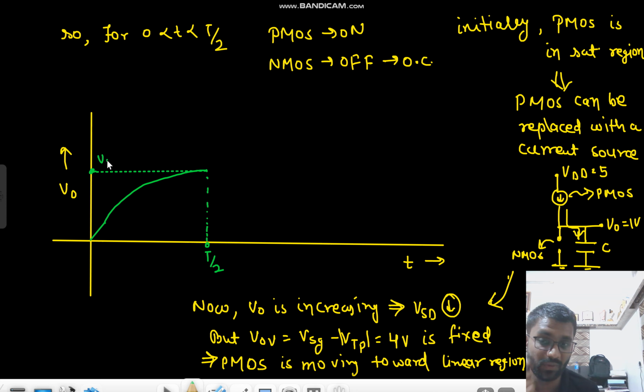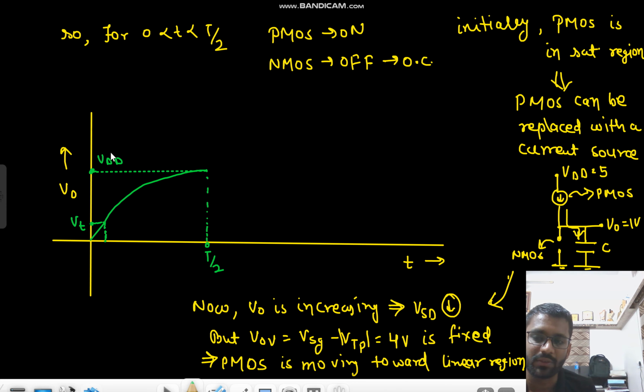So from 0 to VDD it will charge. We don't know the value of time, but we know that this is the value VT, when V naught is equal to 1 volt, as we have seen. After that we are going into the linear region. So this is the linear region and this was the saturation region, right?